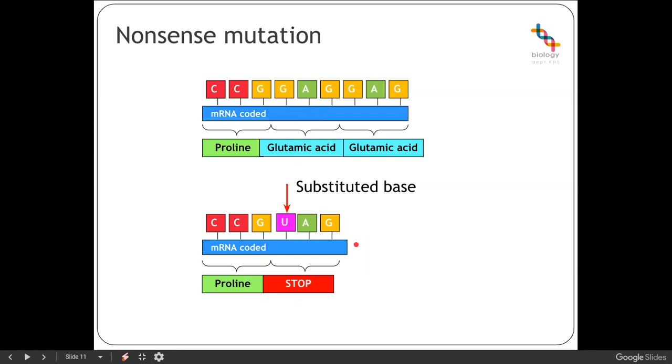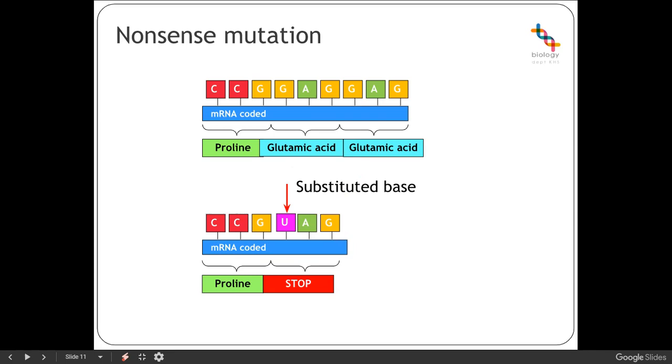As a result, that's going to mean we've got a much shorter polypeptide chain than normal. So that's either going to form a protein that doesn't function at all or form a slightly different protein. So that's going to have a big and significant consequence to the organism if we have a nonsense mutation.